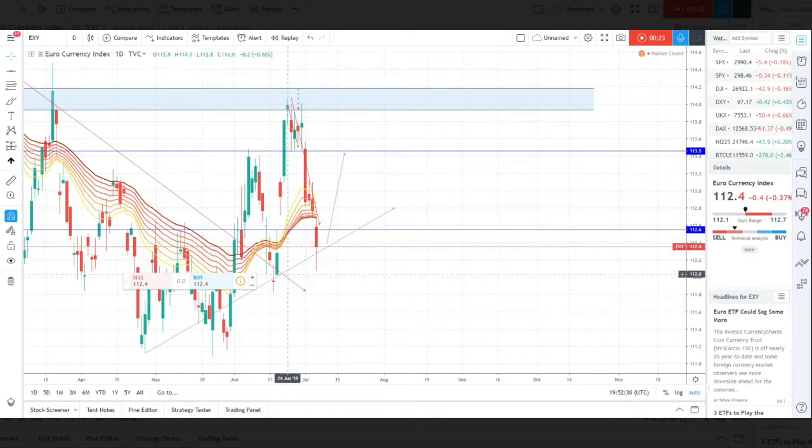It did go down, met the support line, and right now is gonna go all the way up to 113.4, and if the euro index is gonna go up, then the euro USD will go up with it. So with our last analysis, pretty good, the same direction, that the euro USD will go up. Let's see the euro USD next.